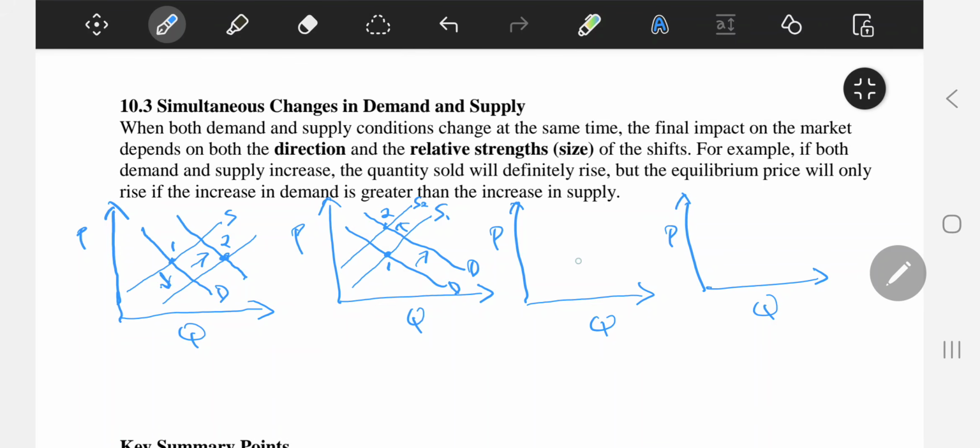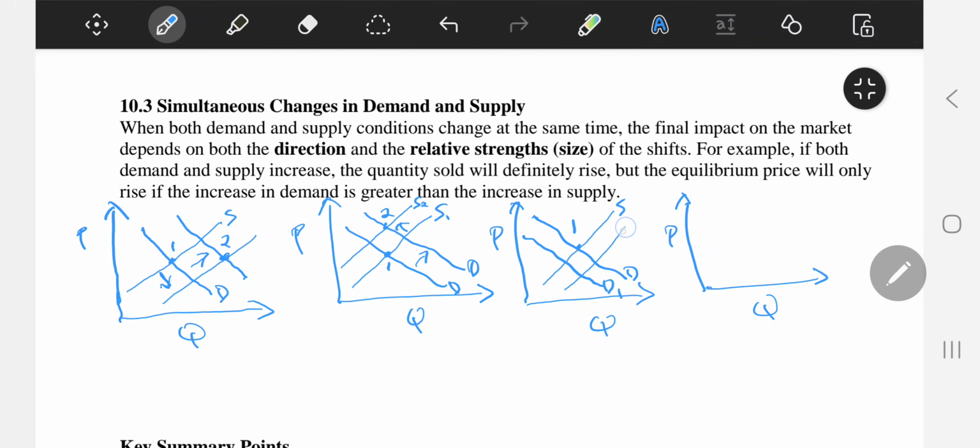Right, so let's look at another scenario. This is supply, this is demand. This time I'm going to shift the demand curve downwards. Let's first ascertain that this is our initial point, and I'm going to shift supply to the right.